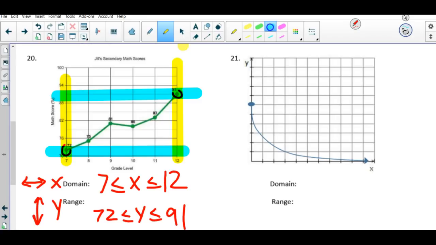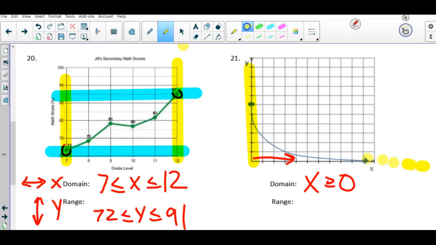Over here we have an exponential function that goes on forever. Domain starts here at 0, it goes on forever. So all of the x values higher than 0. So every x value that is greater than or equal to 0. There's our domain.